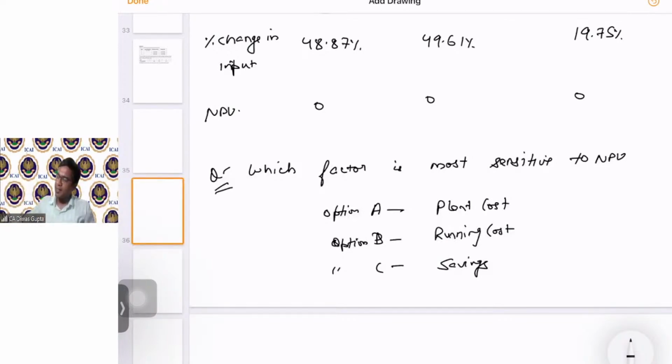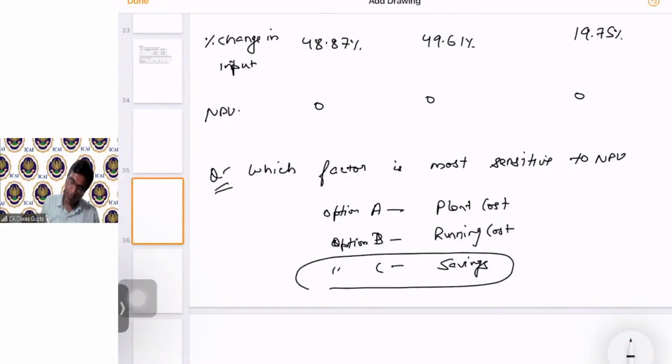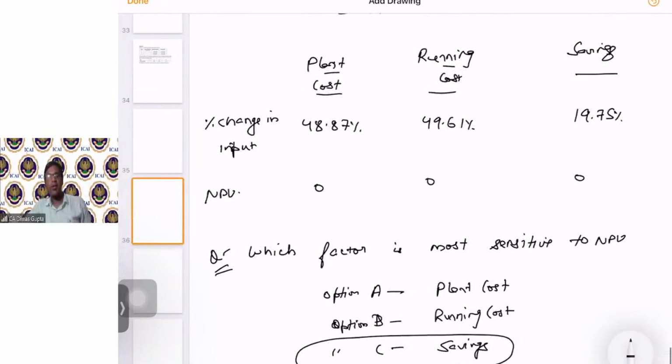Perfect. So let me break the suspense here. Savings is the most sensitive to NPV. And the reason is a very small change of 19.7% in input is making NPV zero.